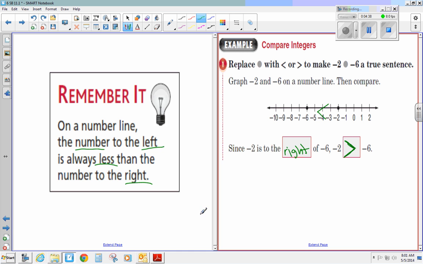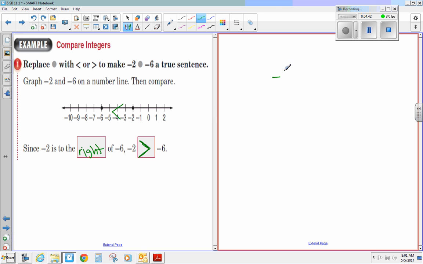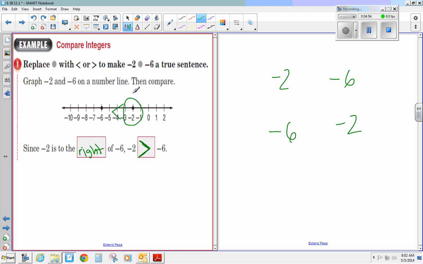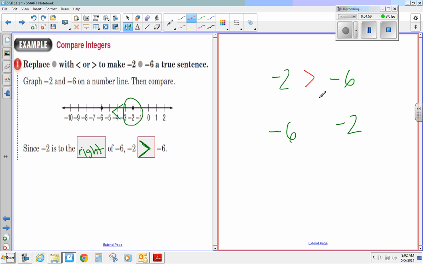And this is a good example of showing you that you can write inequalities two ways. It doesn't matter which number you put first. In this example, -2 is to the right, so it's bigger, so we use this one. But as we switch our numbers' places, we also have to switch the inequality. Negative 2 is still bigger than negative 6.